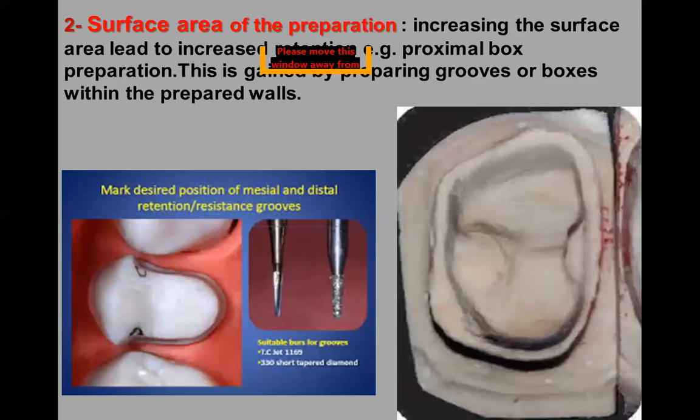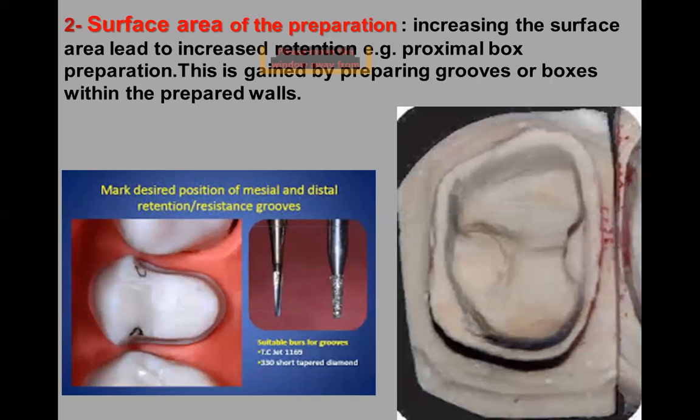The second factor which may affect the retention of the preparation is the surface area. Surface area is the dimension of the width of the wall with the height.